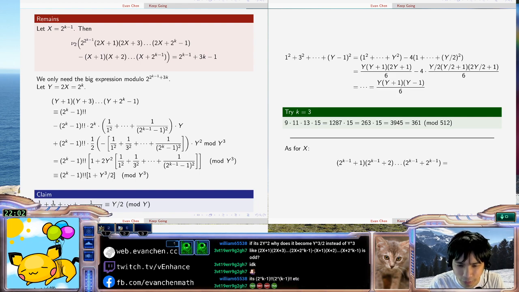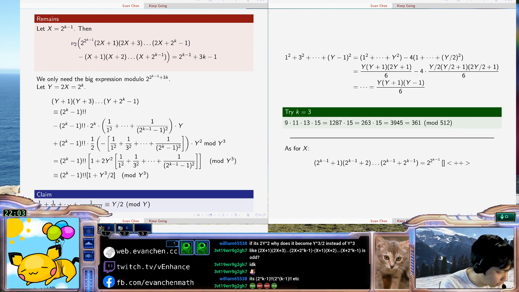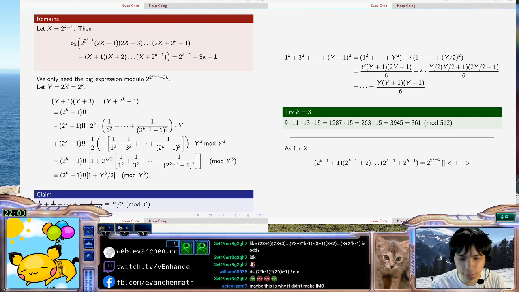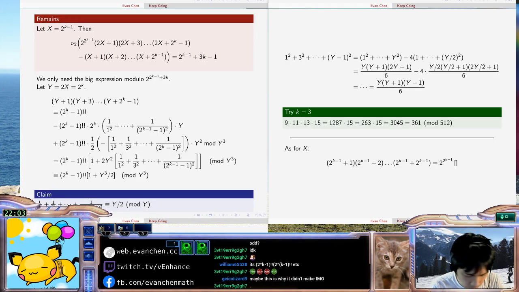Oh, this expression is a lot worse than I thought it would be. Shoot. Oh, geez. Actually, that's really bad. So again, the same thing happens where, once I factor out the 2's, I only need to worry about it mod things.